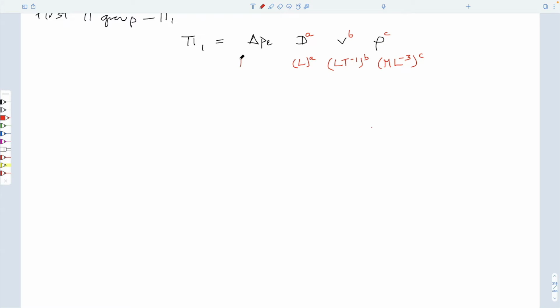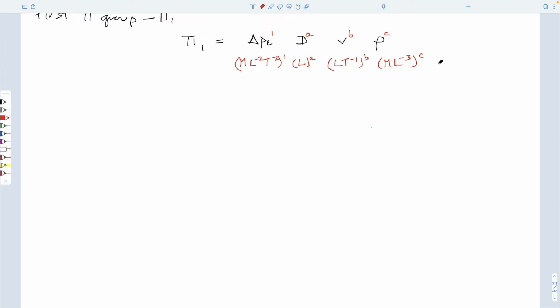This is going to be mass, length to the minus 2, T to the minus 2, to the power 1.